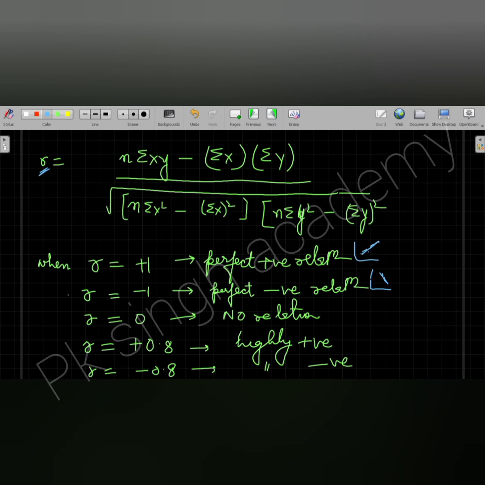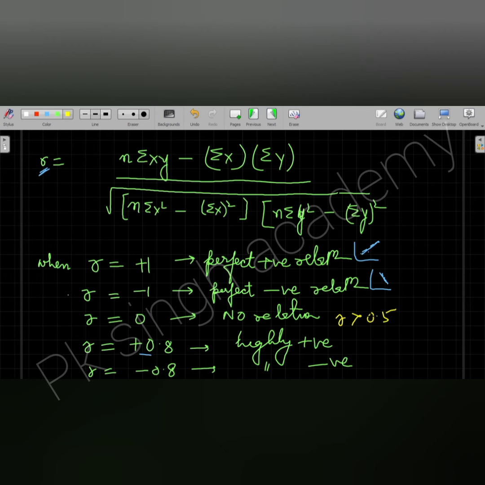And if the value is very close to 1, we can say it is highly positive. If r is greater than 0.5, we'll say it's highly positive.